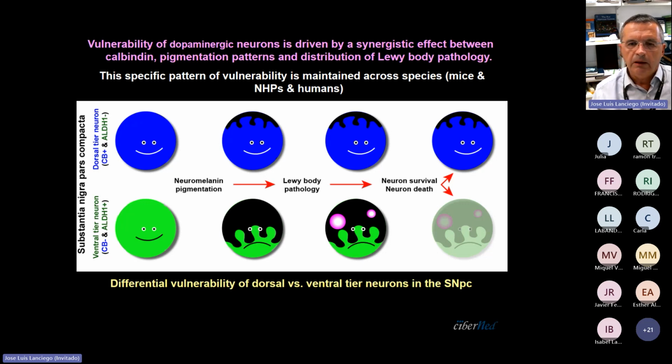On the other side, as a second partner, levels of pigmentation. The more neuromelanin you have in your cytoplasm, the more prone you are to develop Lewy bodies. And that is the third partner in this equation. So if you don't have calbindin, you have more neuromelanin, you have more Lewy bodies, you are more vulnerable. And on the other side, if you have calbindin, your levels of pigmentation are going to be much smaller. And because of this small level of pigmentation, you will never develop a Lewy body, so you will remain alive.